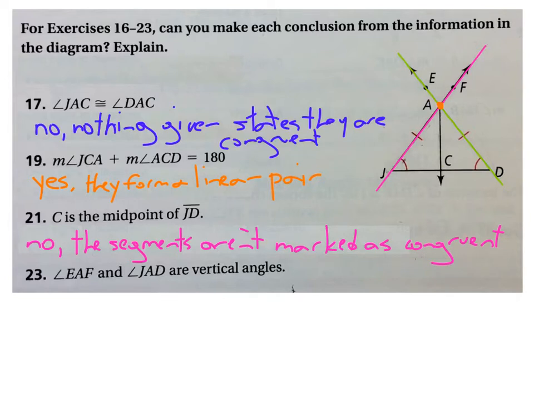So angle EAF and angle JAD appear to be formed by two lines that are crossing over, and that's what vertical angles are. So I would say that yes, and they want us to justify how we know it. I would say yes, the angles are formed by those two lines.